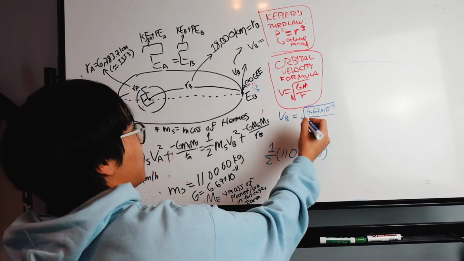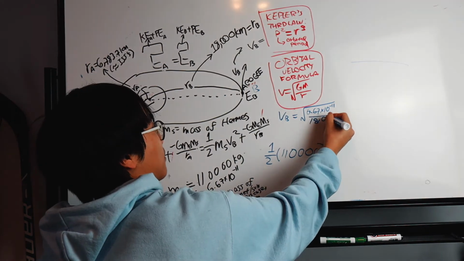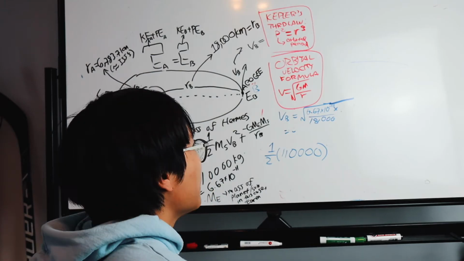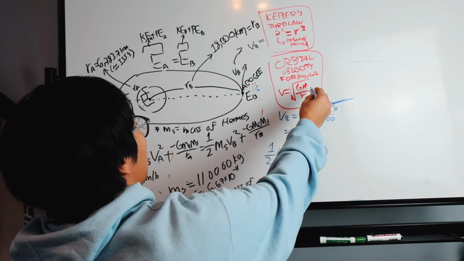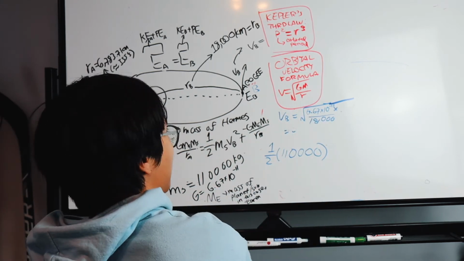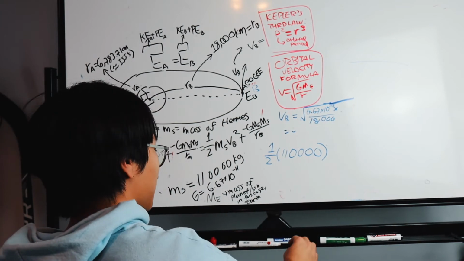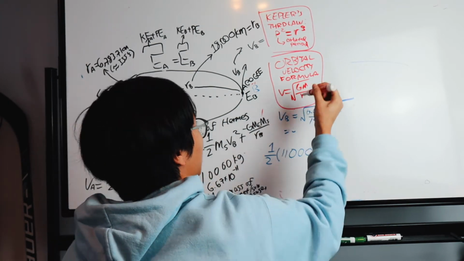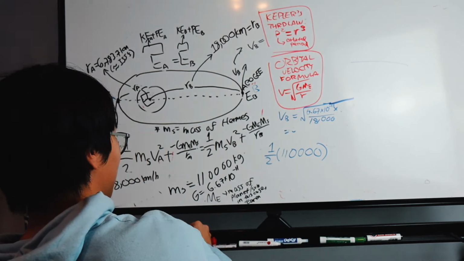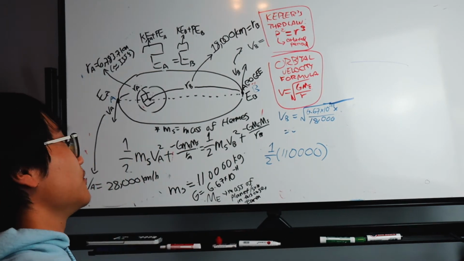So RB is going to be 18,000. Here M in this case is going to be the mass of the Earth. So I'll just label it so it's more clear. So G M E. Sorry. So we're just going to say 6.67 times 10 to the power of negative 11.